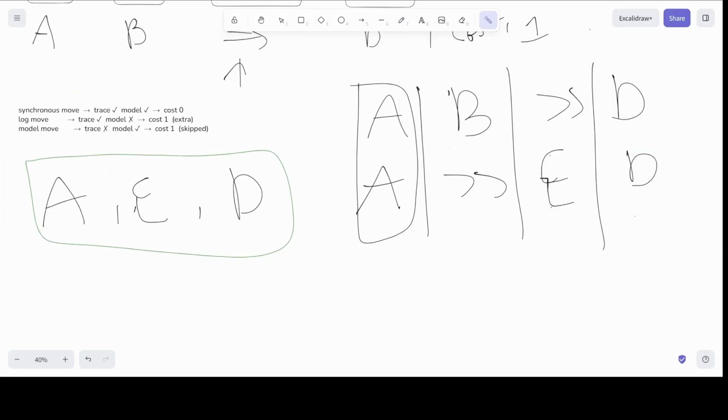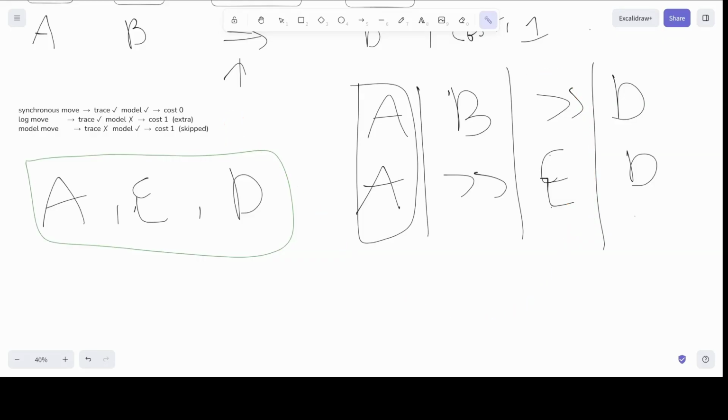For the B, this is what we call a log move. Why a log move? Because the B is present in our log, in our trace, but it does not conform to the path that was presented to us with AED. So this AED is part of the path. It's coming from the model. So here, this is what we call a log move, and it will cost 1. This is what we call a model move.